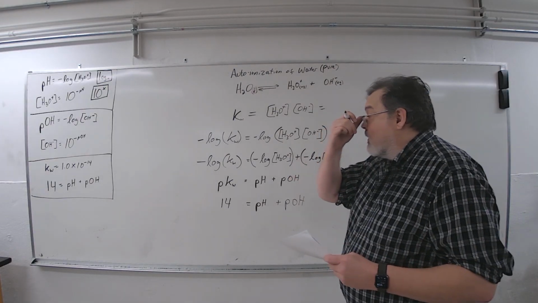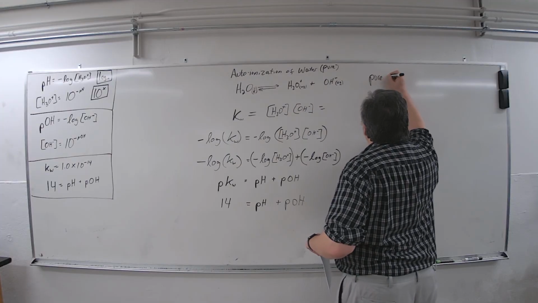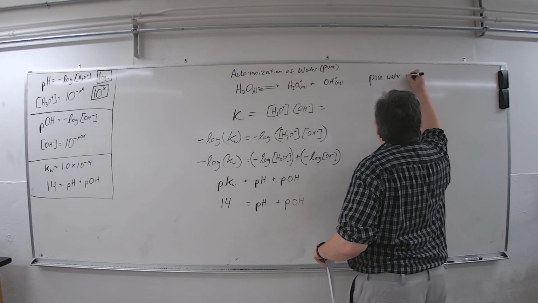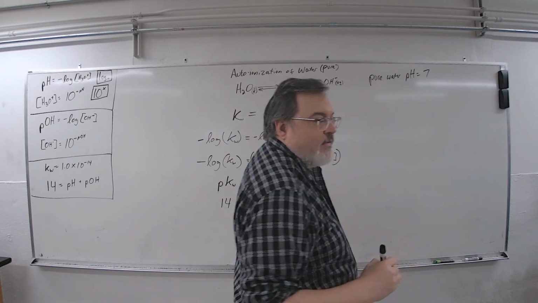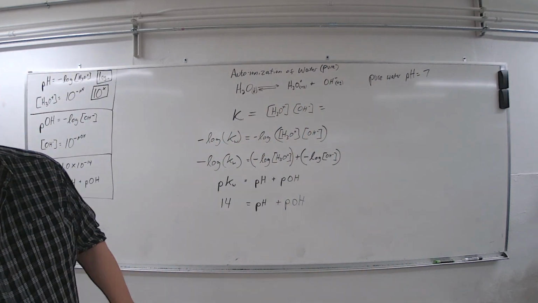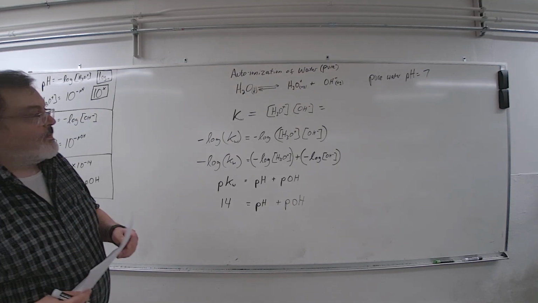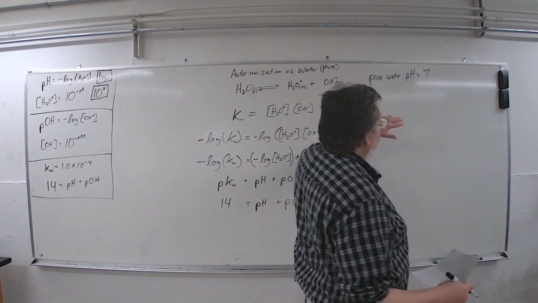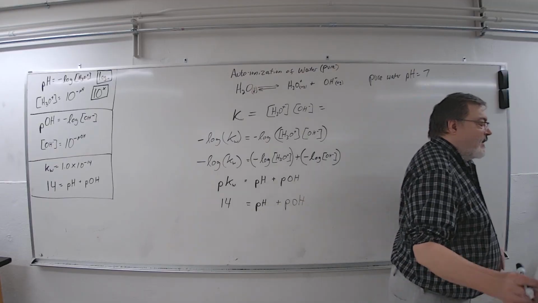So for pure water, pH equals 7. So that means it's not acidic or basic. It's right in the middle of the scale of 0 to 14. The pH scale goes from 0 to 14. When it's right in the middle, that means it's pure water. That means it's not acidic or basic.